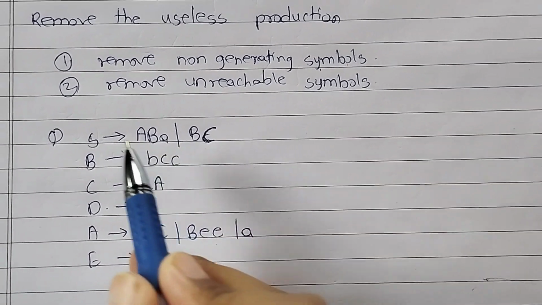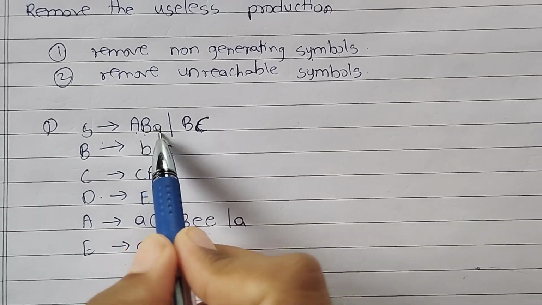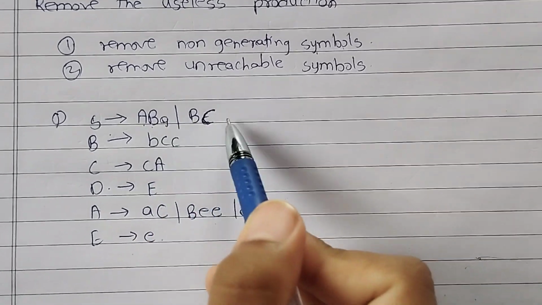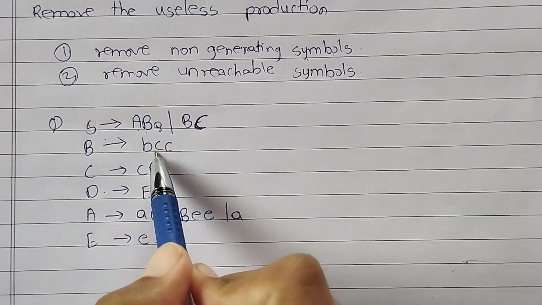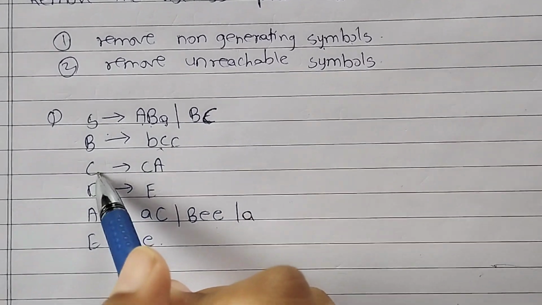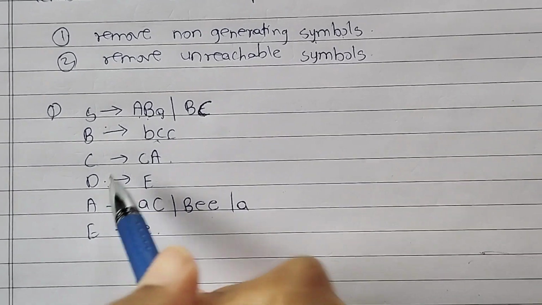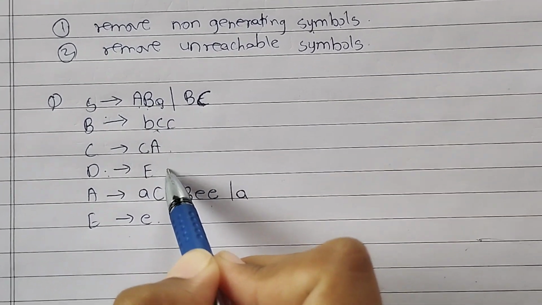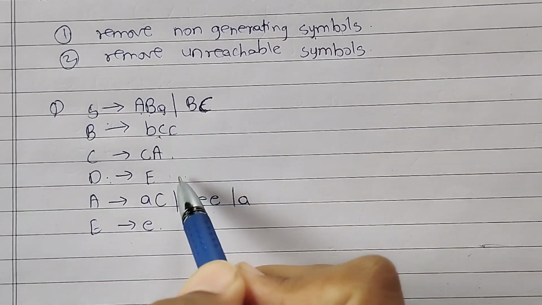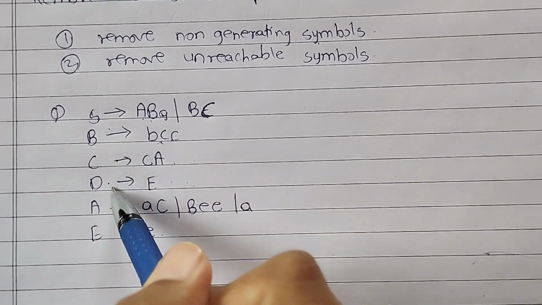Here in S, capital A, capital B and small a are produced, and this BC. Then in B variable also B and C and small letters, but in C, capital C and capital A are formed, and D reads only capital E, not any small symbols. Small letters are read by C and D.